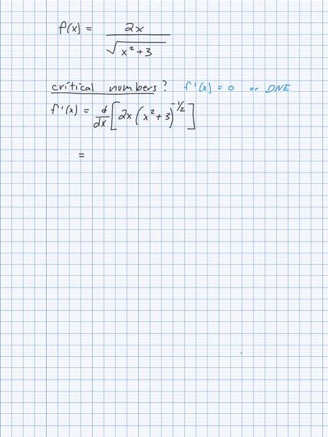To take the derivative, I can use the product rule. So I have 2x times this quantity raised to the -1/2. And for that, I'll need to use the chain rule.